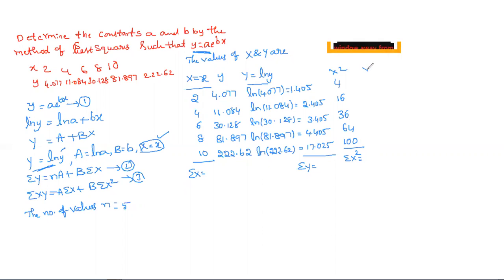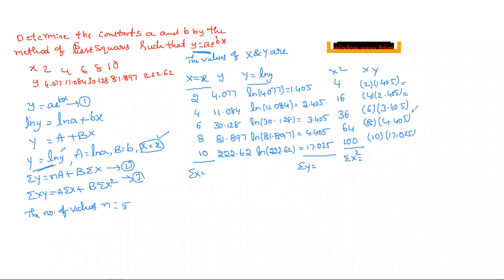And next we require xy. How will we get the values of xy? x is nothing but 2 into 1.405, and in the same way, 4 into 2.405, and next 6 into 3.405, and next 8 into 4.405, and next 10 into 17.025. We need to calculate these values.